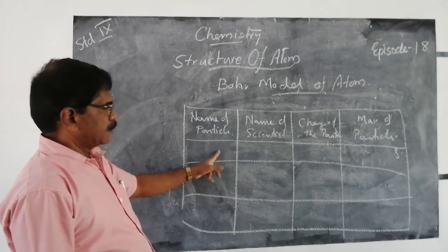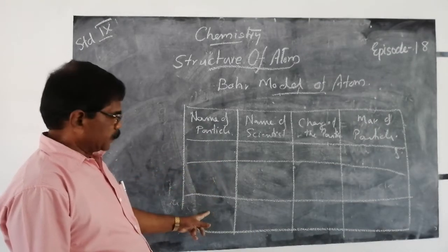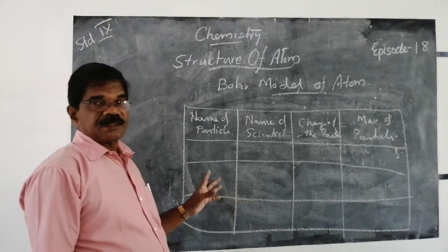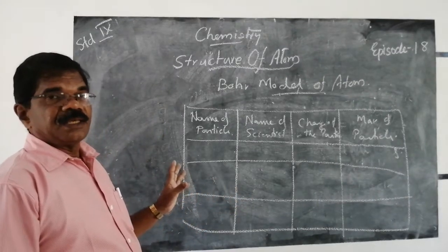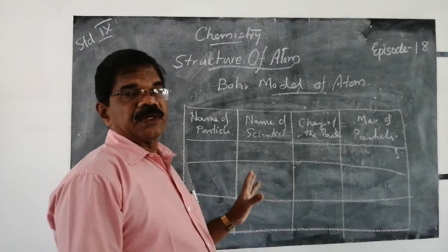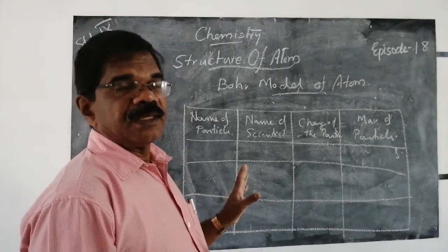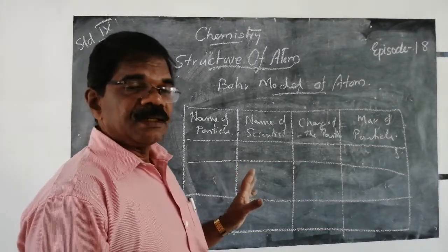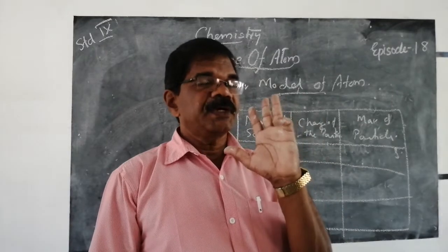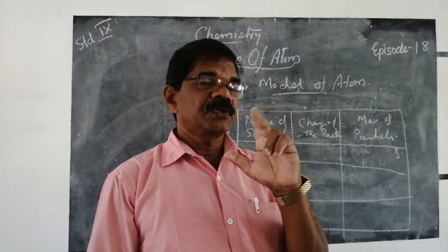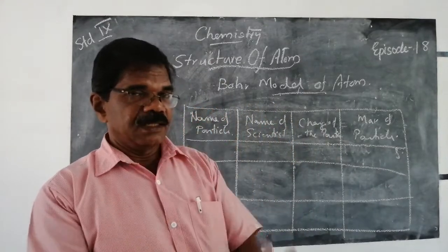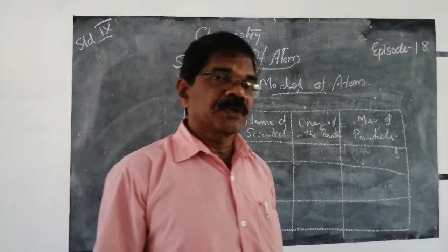What are the names of the particles? Proton, electron, neutron. You have to write them in the order proton, electron, neutron. Remember it by PEN: proton P, electron E, neutron N. Never forget it.